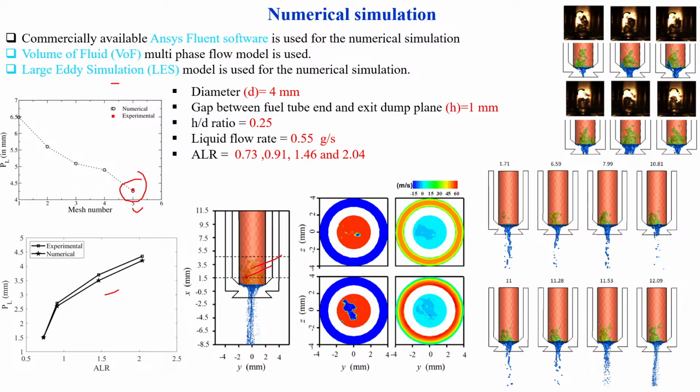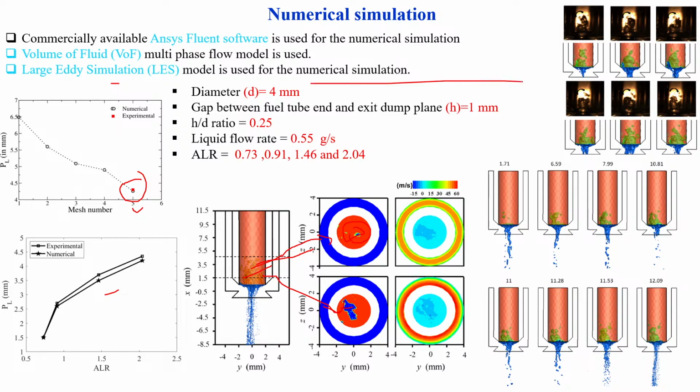These are the VOF at different axial locations in the liquid tube. Here we can see the first plane and the second plane. At a particular location we have the bubble in the air line, so that means internal mixing is happening inside the liquid tube.